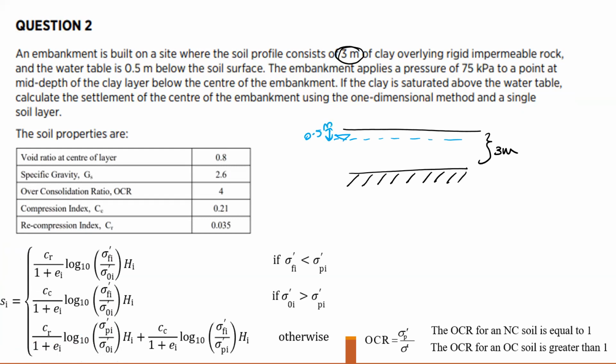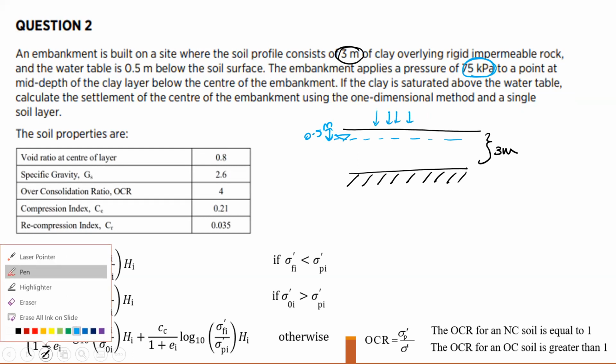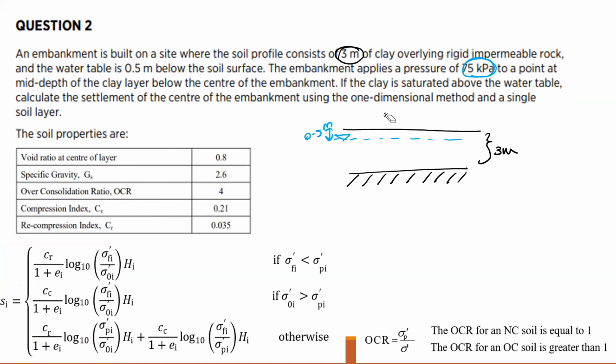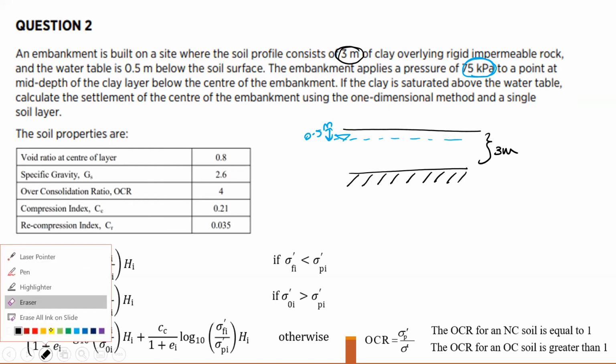The embankment applies a pressure of 75 to a point at the mid depth. So this 75 is not this, is it this one? Is it the stress at the middle?